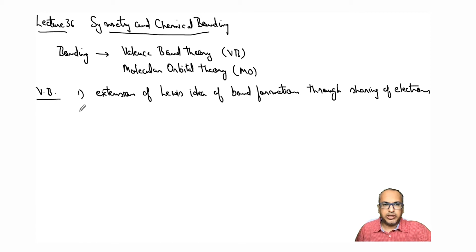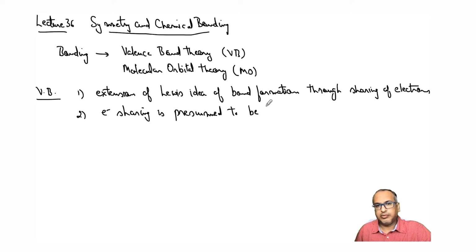So electrons are shared to form a bond. Then electron sharing is presumed to be localized, localized between the pair of atoms which are interacting to form the bond.